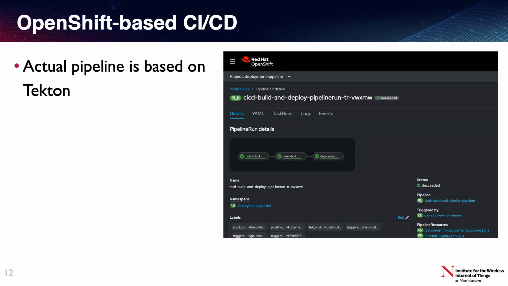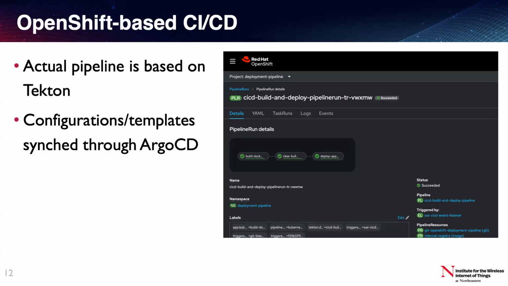The pipeline is based on a software called Tekton that, without going into many details, lets you define a series of steps to complete as part of my pipeline. Each step can have several sub-steps, and here only some of them are shown. I have some other software called Argo CD, which takes care of configuring my workloads and my servers.